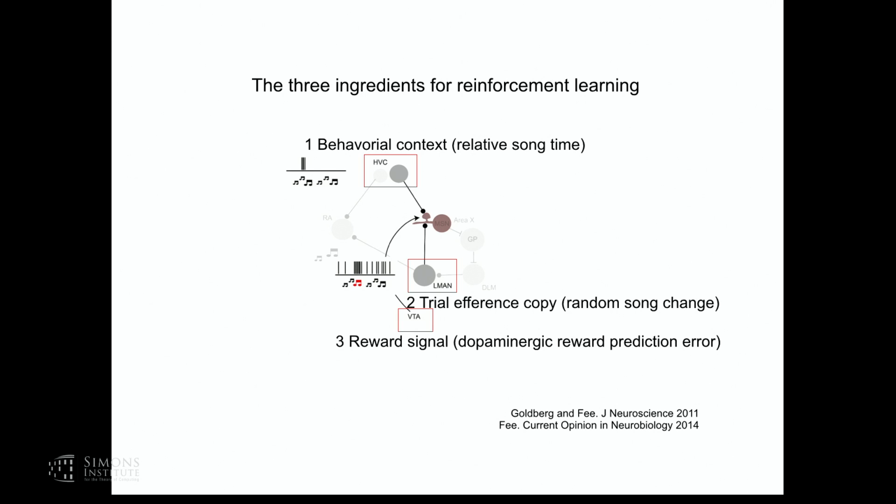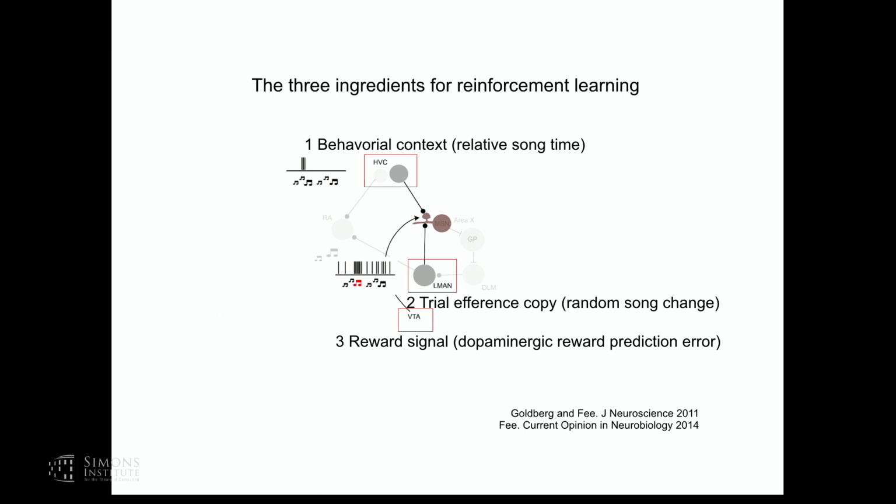Okay, so the idea here is that there's a structure called LMAN, which is generating variability in the production of song. And HVC is keeping time of where it is in the song. And then if basically the bird produces a variation which is better from its point of view, then 3 simultaneous things have input into area X, and it learns the association, basically, to strengthen the variation that was just produced.